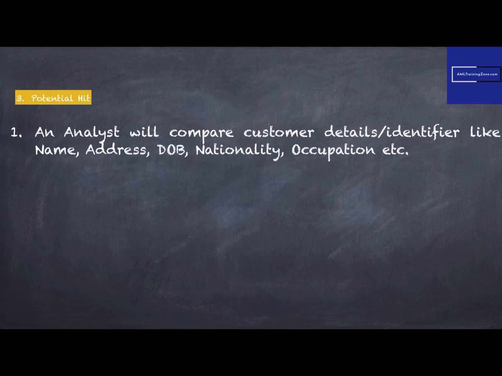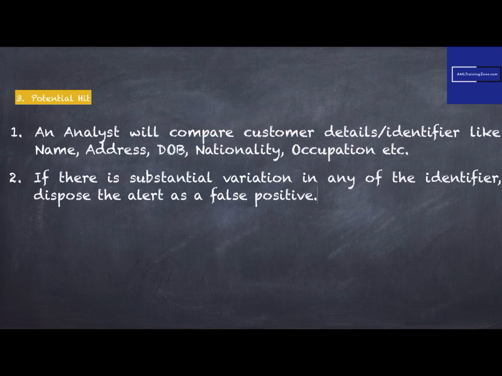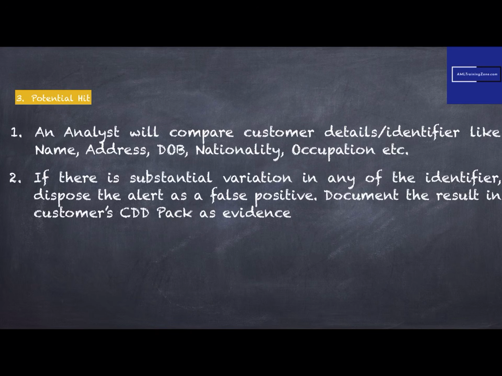In a scenario where the analyst has adequate information available and there is substantial variation in any of the identifiers, where the name is not matching or the date of birth is not matching, then the alert can be closed as a false positive. At the same time, analysts need to document the result in the customer CDD pack as evidence.